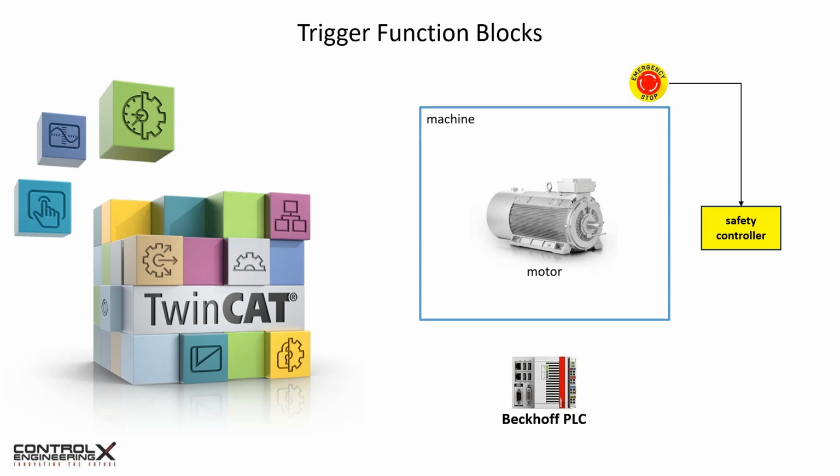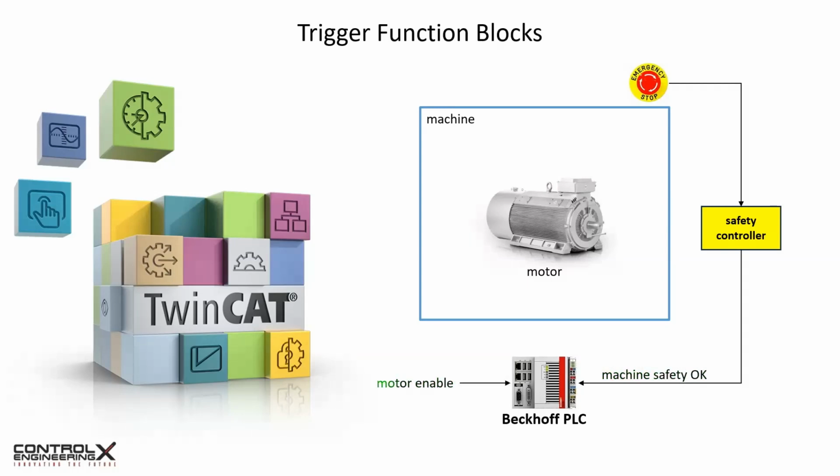There is a safety controller which handles all of the machine safety. For simplicity, let's assume we have a single e-stop push button wired into the safety controller. The safety controller is programmed to send a machine safety OK signal to the PLC when the e-stop is not pressed. When an operator hits the e-stop, the machine safety OK signal resets.